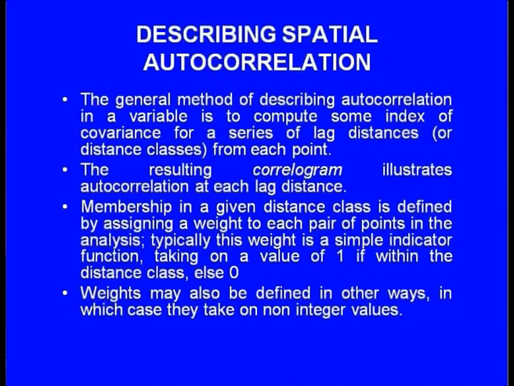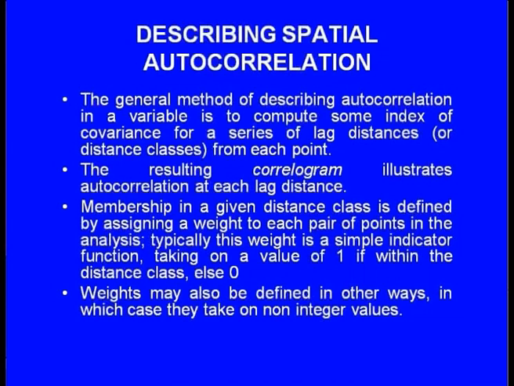Describing spatial autocorrelation. The general method of describing autocorrelation in a variable is to compute some index of covariance for a series of lag distances or distance classes from each point. The resulting correlogram illustrates autocorrelation at each lag distance.